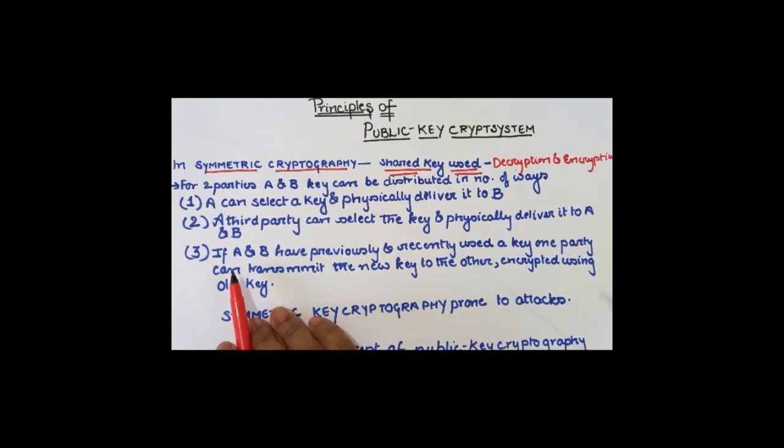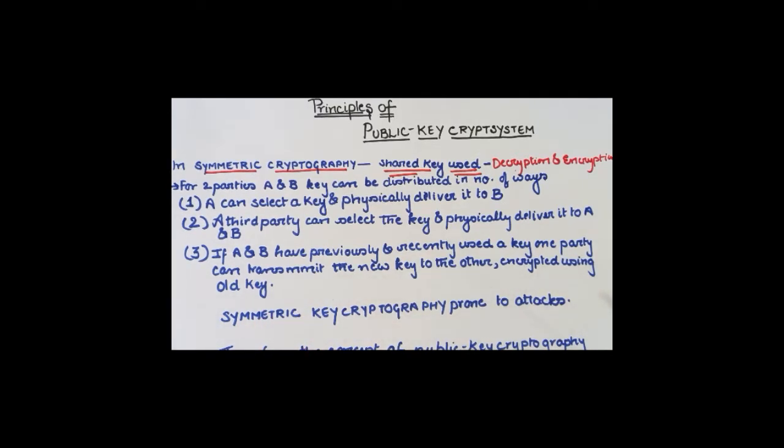The third method is if A and B have previously communicated, and not very long ago, just recently. If A and B have recently communicated and have used a key, and now want to change the key, what can they do? They can use their old key for distribution of a new key.